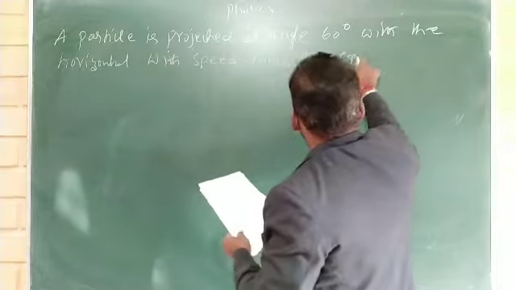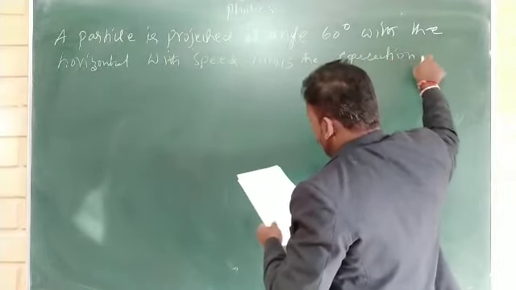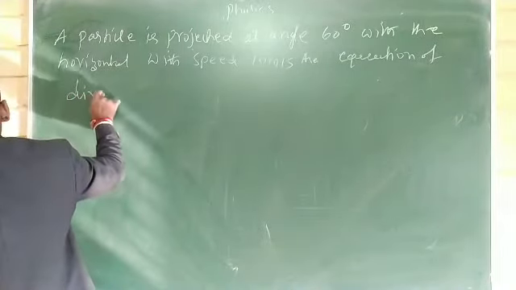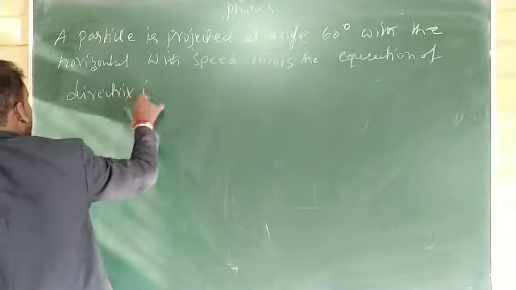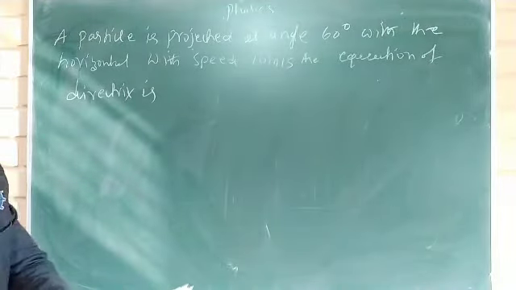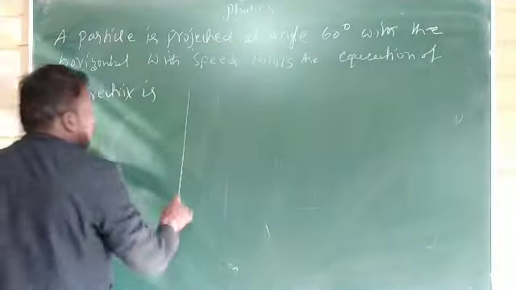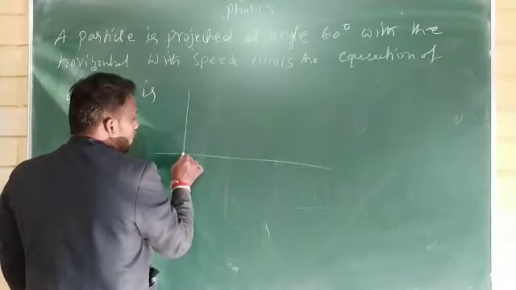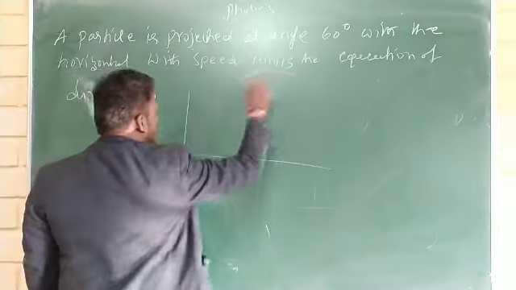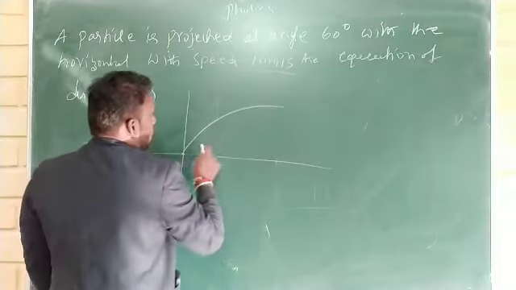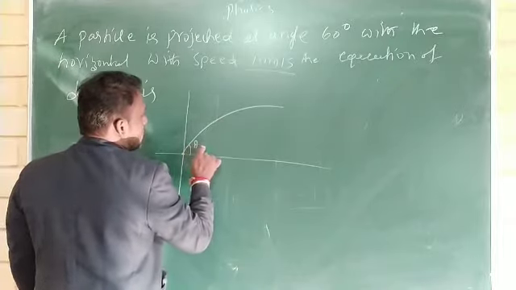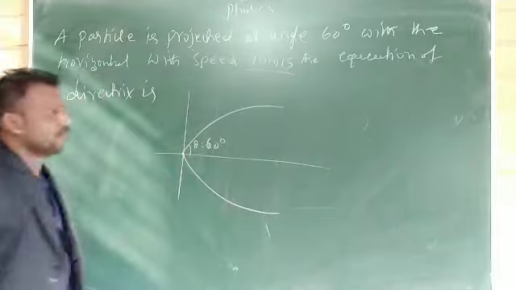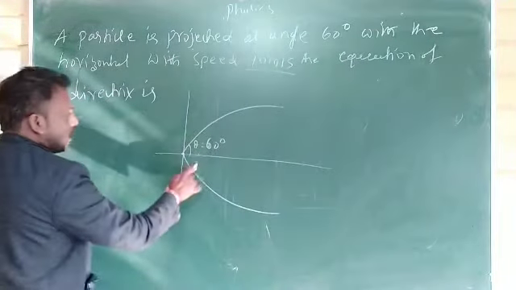Then we have to calculate the equation of the directrix. Here the initial velocity is given as 10 meter per second, projected at an angle theta equal to 60 degrees. The directrix is like this.